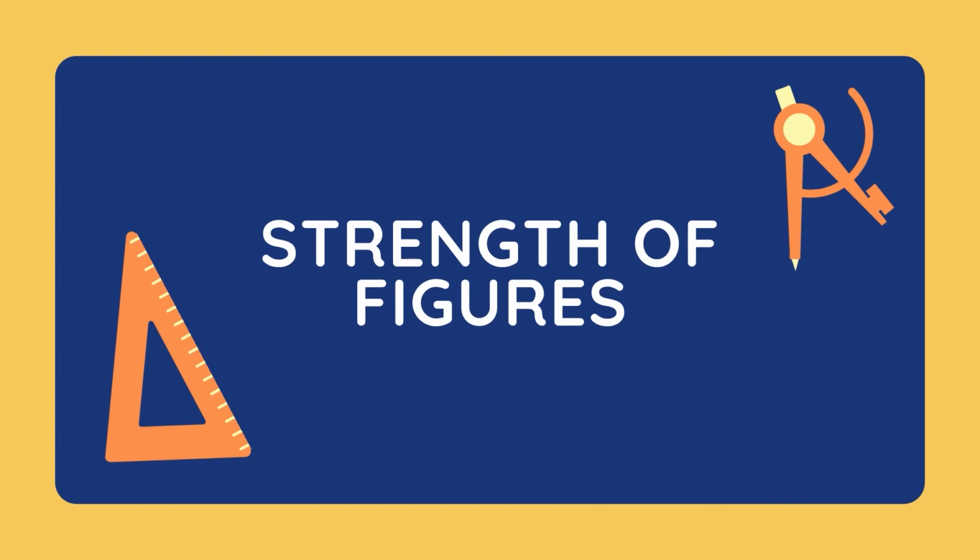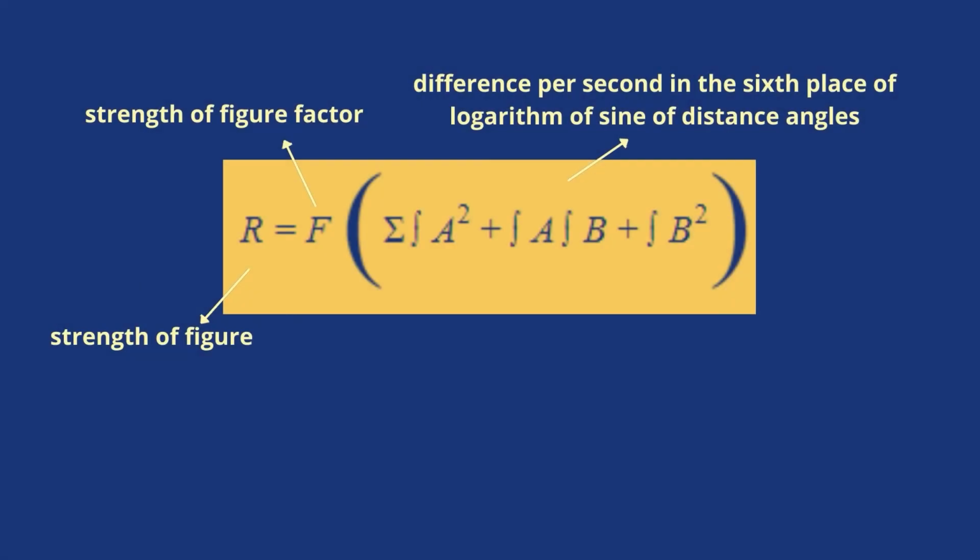And now, we are presented with the basic formula for finding the strength of figures, which is the strength of figure factor multiplied with the logarithmic differences corresponding to the distance angles.